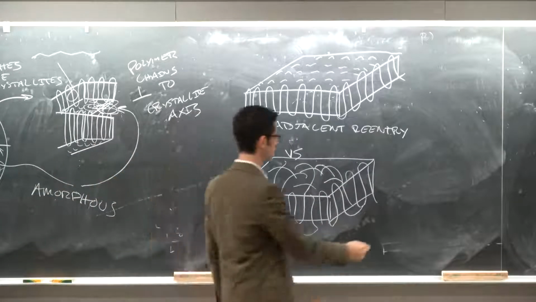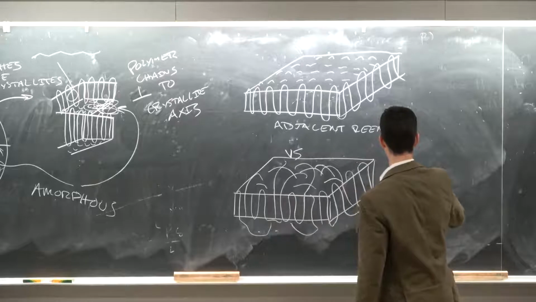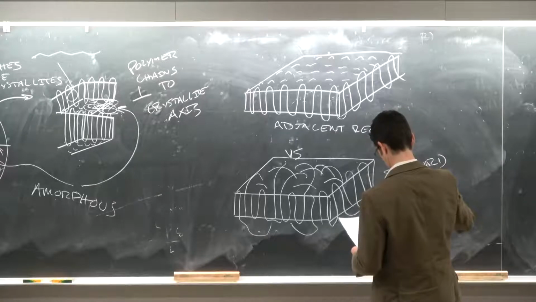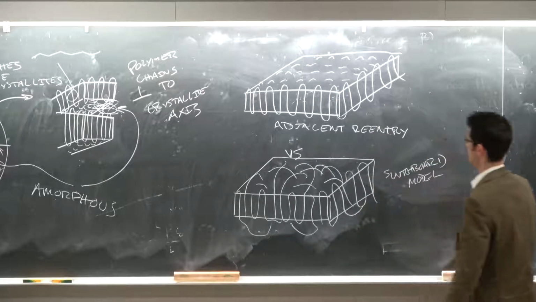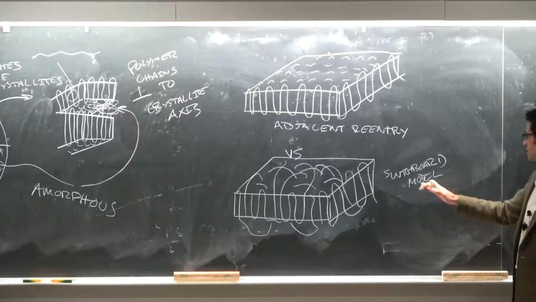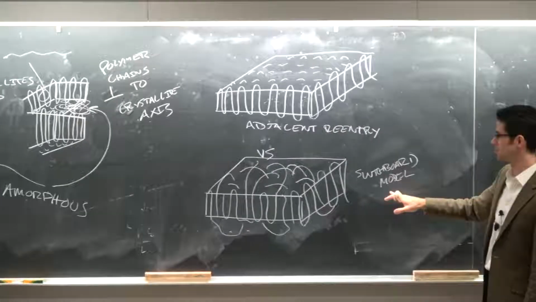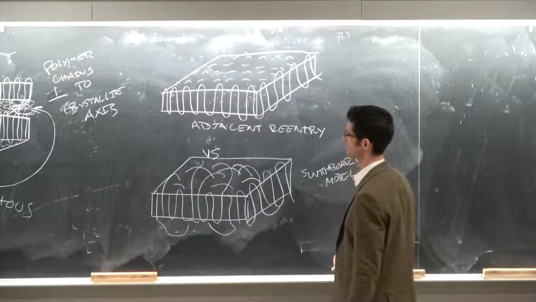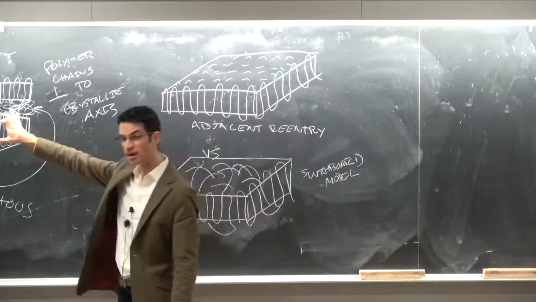This is the switchboard model. The switchboard model tends to be the form that is found in spherulites. So this is perhaps a little too ideal.